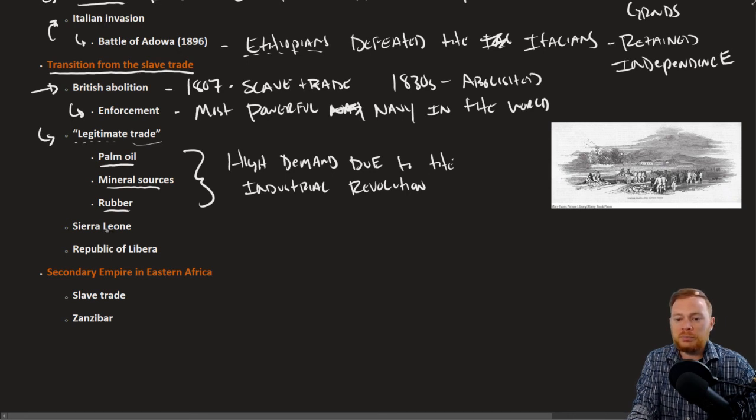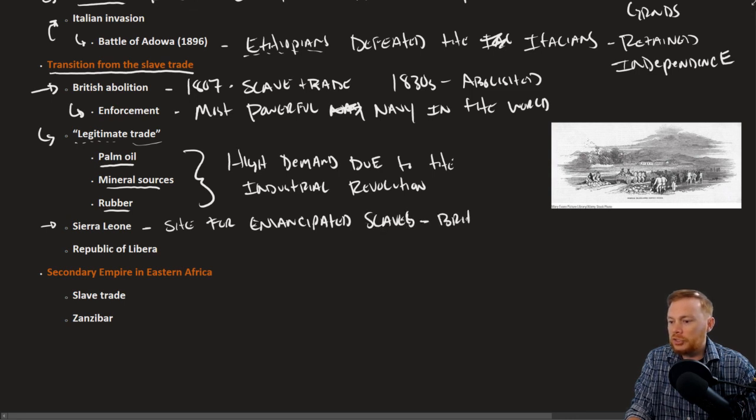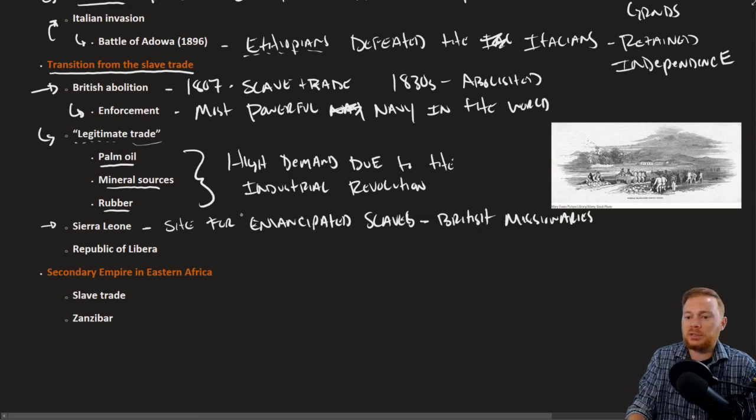There were also some important abolitionist efforts in Africa itself. Sierra Leone became a site for emancipated slaves, mainly also British missionaries, right? So British Christian missionaries moving to Sierra Leone, and that being an area or country in which emancipated slaves could live.